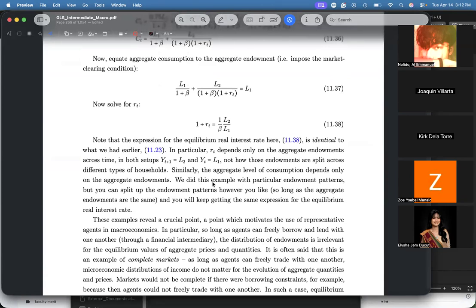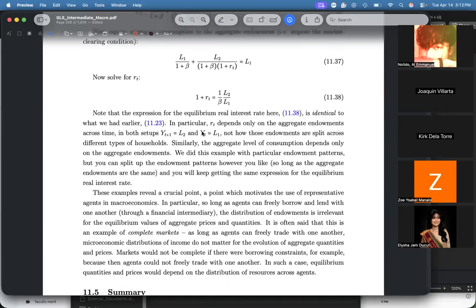This is saying that as long as you can borrow and lend perfectly at an interest rate that from your perspective you cannot control, remember, that's called perfect competition, you can borrow and lend at a given real interest rate RT for any value, and you will not change that RT. Given that this market exists, whatever the distribution of income across the different agents, it doesn't matter for the IS relationship, the R and YT relationship.